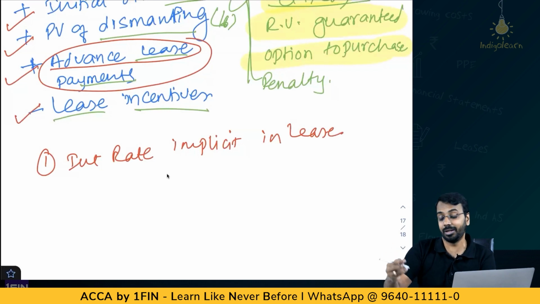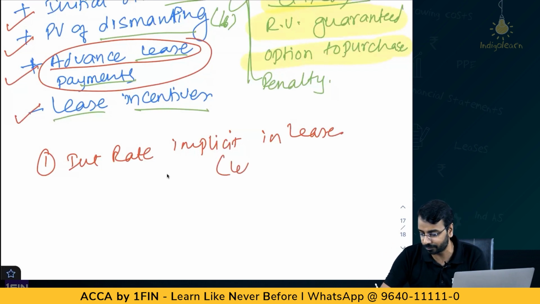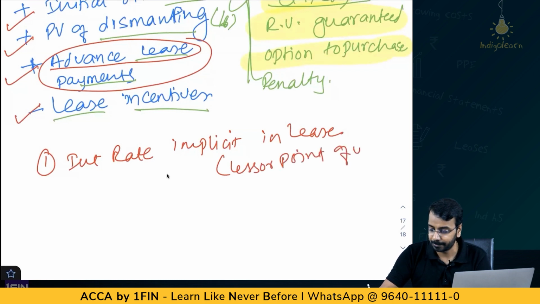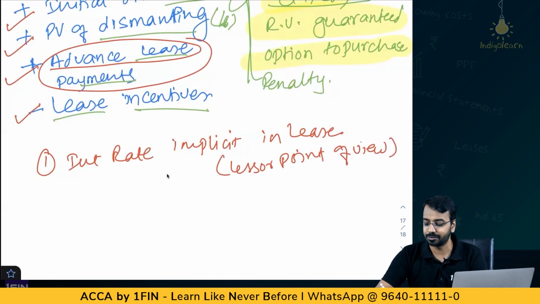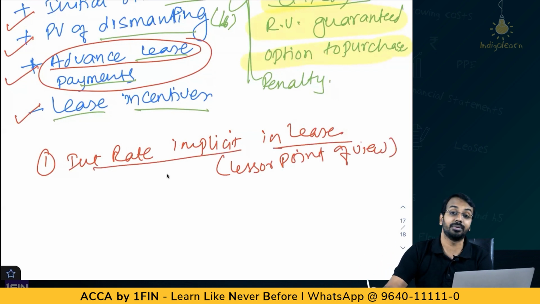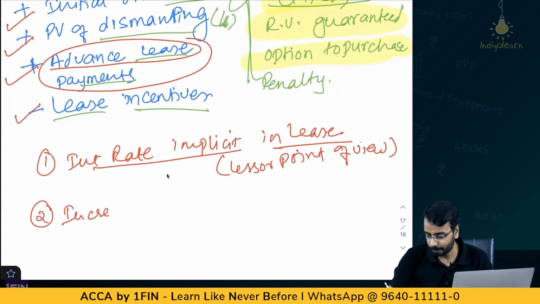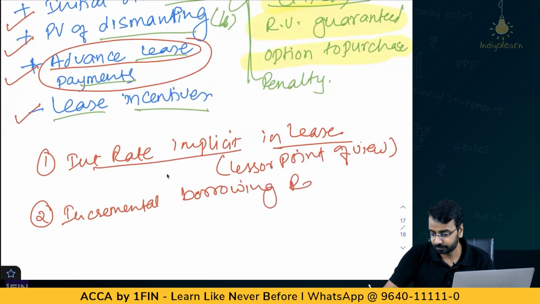If that is not available, see, because this is from the lessor's point of view, what is the lessor likely to earn from this lease? So that is the interest rate implicit in the lease. If that is not available, then you will use the incremental borrowing rate.